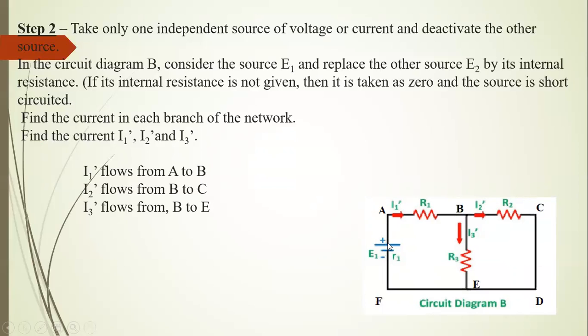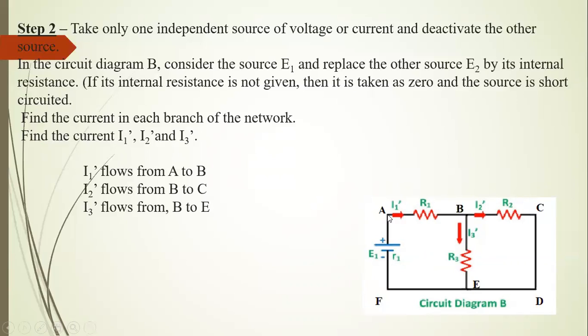As we can see from the diagram, the direction of I1 dash will be from A to B. I3 dash will flow from B to E, and I2 dash will flow from B to C. By applying KVL or loop analysis, we can easily calculate the values of I1 dash, I2 dash and I3 dash, and we don't need to assume the directions. We'll get the actual directions of current since only one source is present.